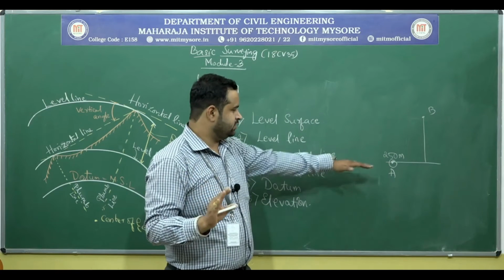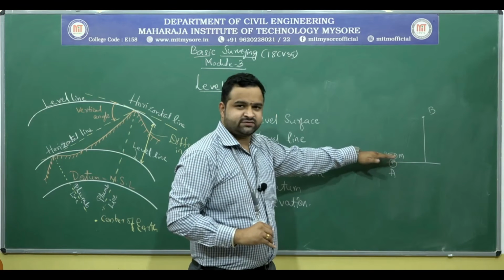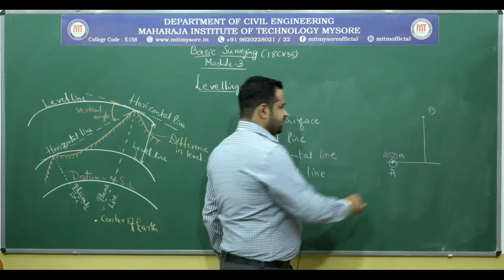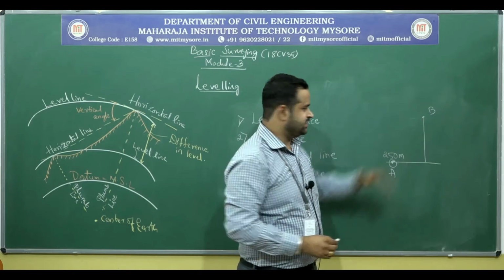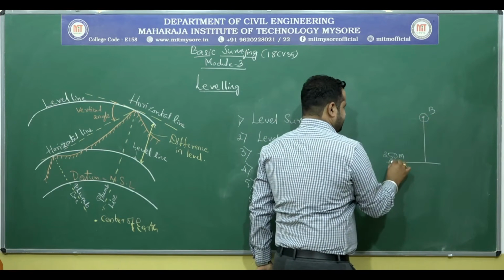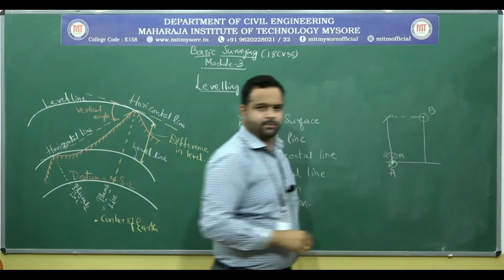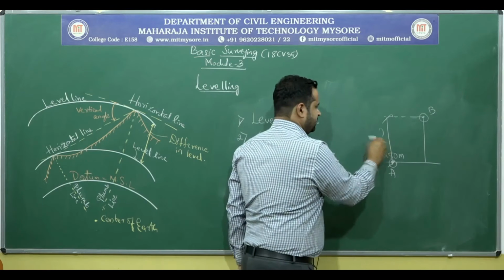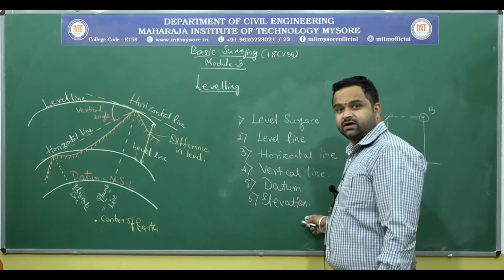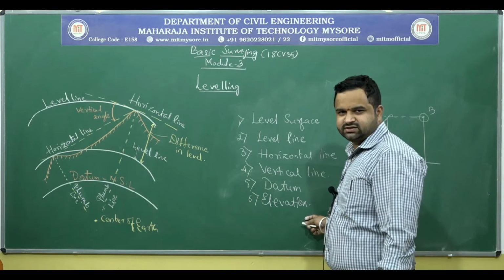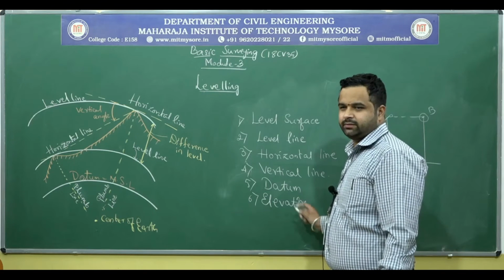Now, keeping this as reference, you have to calculate the elevation of point B. That is nothing but the vertical height. The elevation of a point on or near the surface of the earth is its vertical distance above or below an arbitrarily assumed level surface or datum.